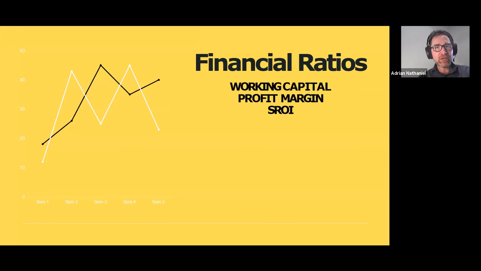Now, another area is the use of financial ratios. Ratio analysis can be a useful management tool that can help to improve your understanding of your financial results over time. Now, the financial ratio that's derived from your balance sheet is known as the working capital ratio, and it's calculated simply by dividing your current total assets by your current liabilities. And it's a measure of your liquidity, your ability to be able to meet your payment obligations as they fall due.